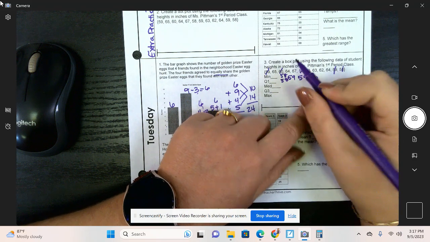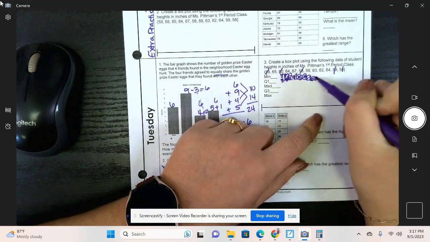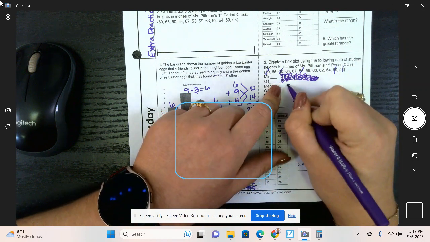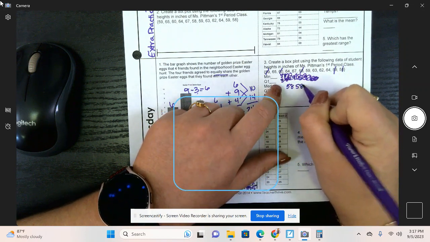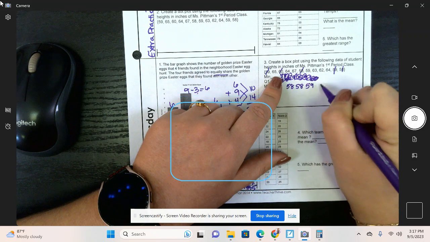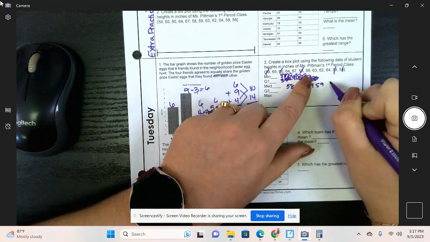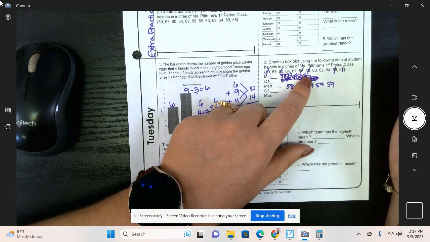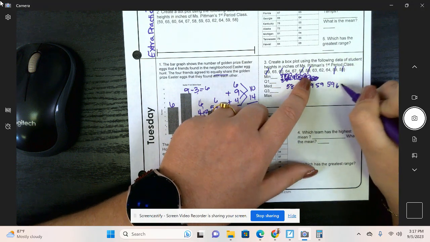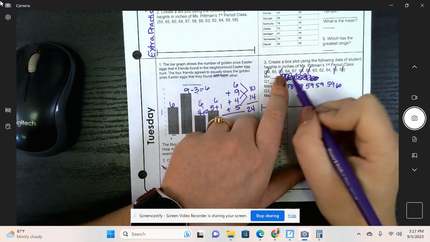I'm just all over the place. Let's restart this. Okay, so I had 58, 58, 59, a 59, and then I found another 59. Okay, from there I found a 60, which I crossed off there.